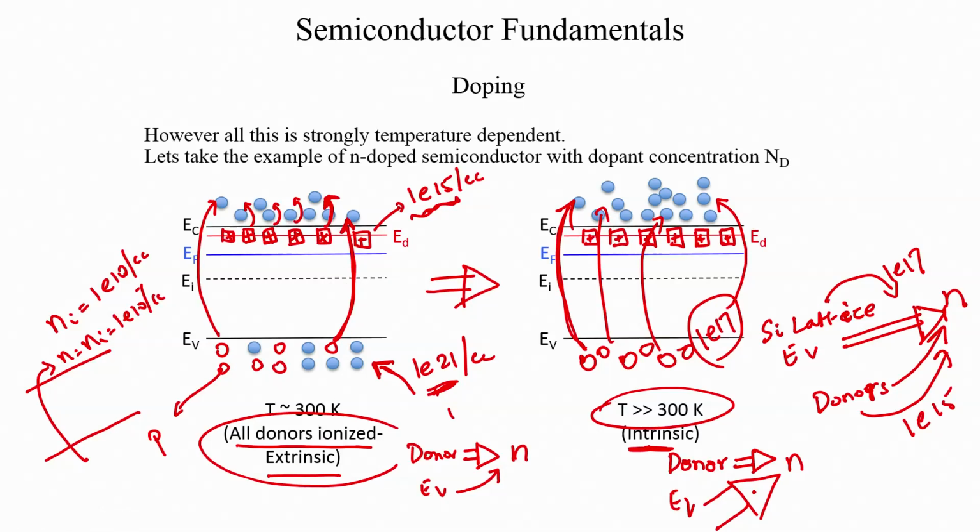It does not mean that the semiconductor is intrinsic, this operation is intrinsic, intrinsic-like operation. The semiconductor is definitely doped, it is not a pure semiconductor, but the electron count in the conduction band comes largely from EV, because the donors have already given up everything they had, and therefore we call it intrinsic operation.